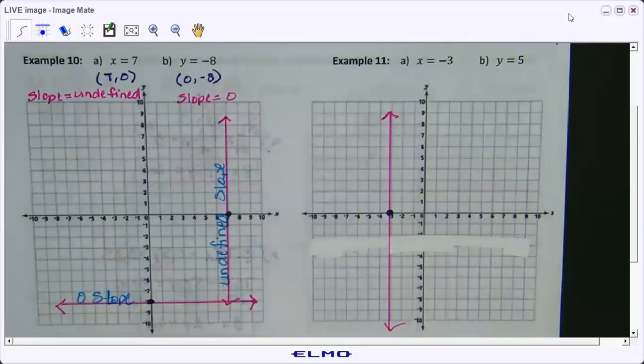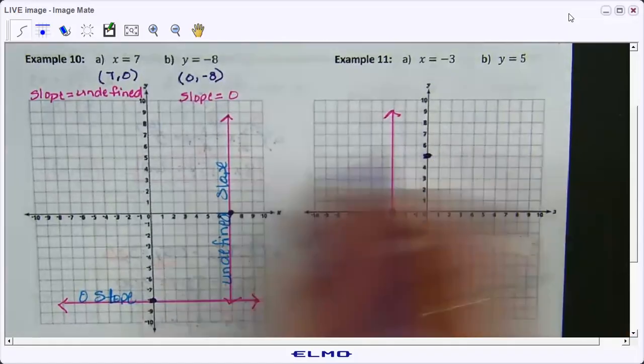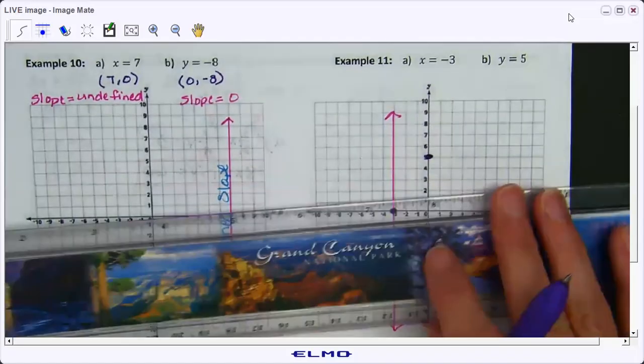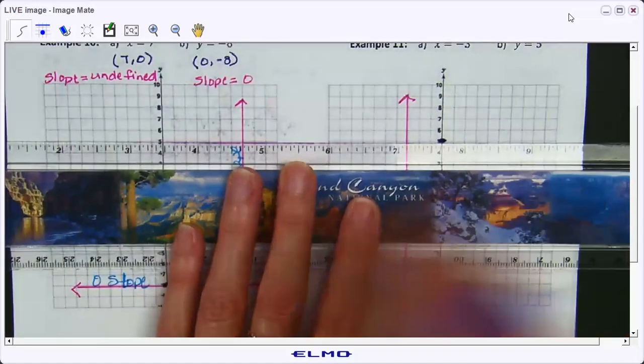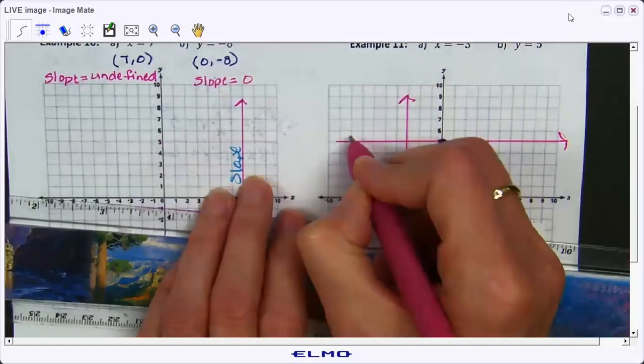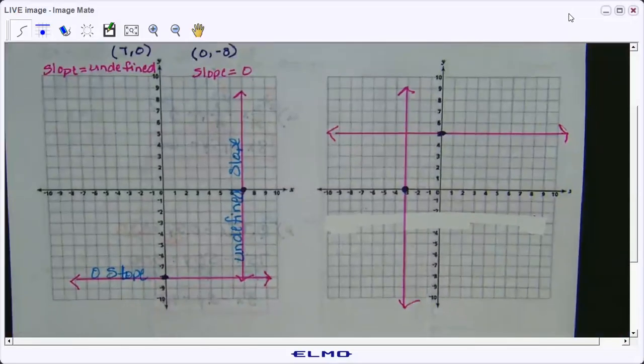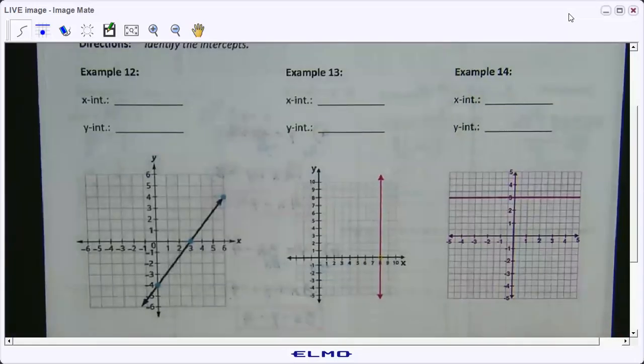And then I'll draw my y. So my y is at 5, and I'm going to draw a line through the y-axis at 5. Don't forget your arrow. Questions about drawing horizontal and vertical lines?